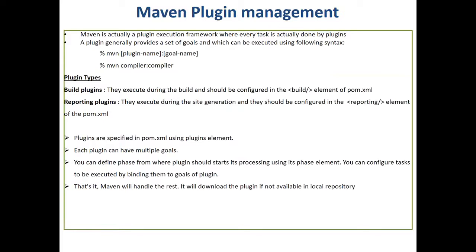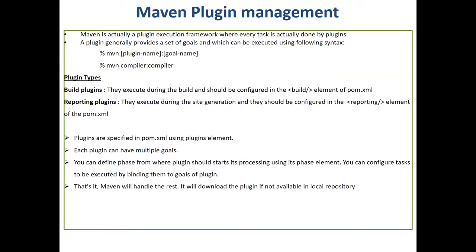So when we want Maven to do something, you have to specify what the plugin is, and based on the type of the plugin, there is a specific syntax that you will use to tell Maven what plugin to use and what exactly you want it to work on. You do that by specifying the details of the plugin in the pom.xml, and based on that, you will be invoking a goal.